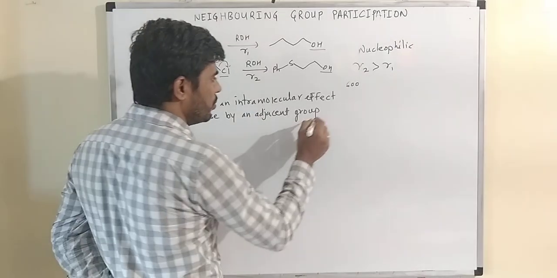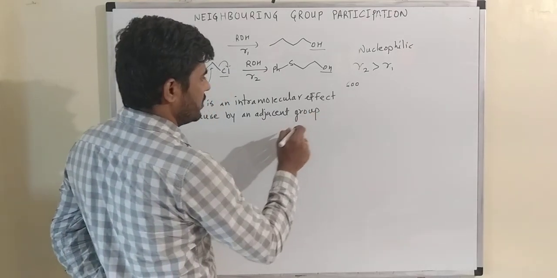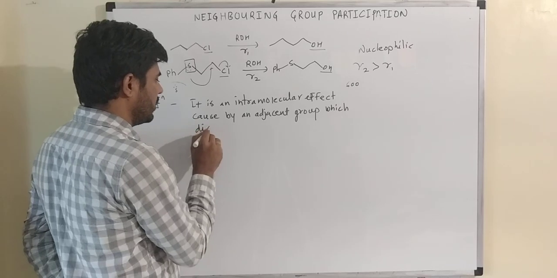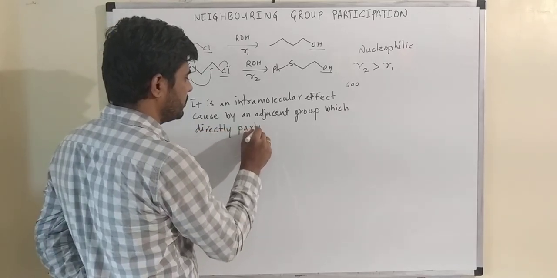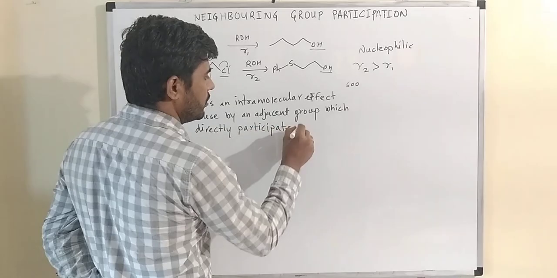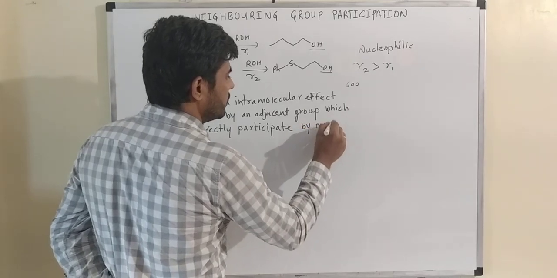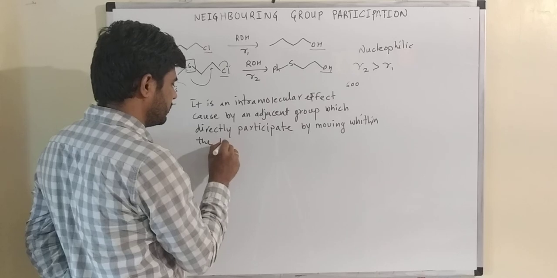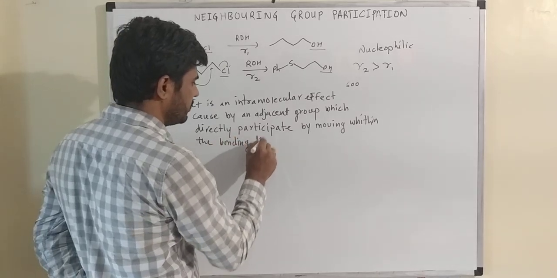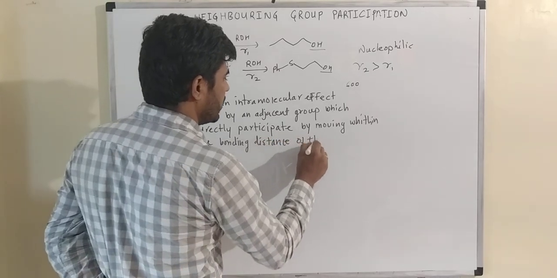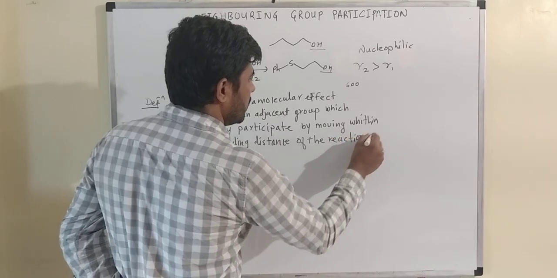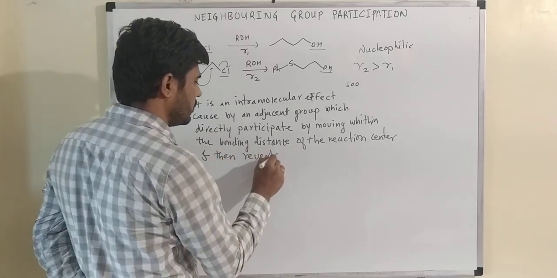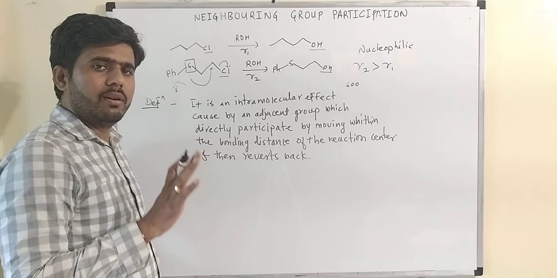It is caused by an adjacent group which directly participates by moving within the bonding distance of the reaction center, and then reverts back. So this is the actual definition of neighboring group participation.